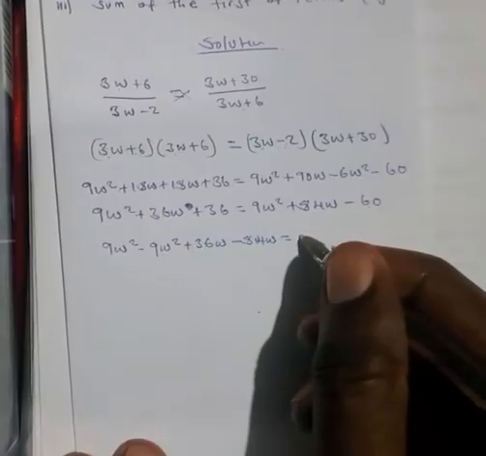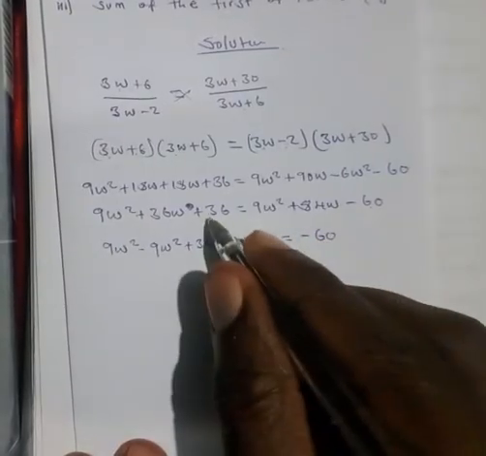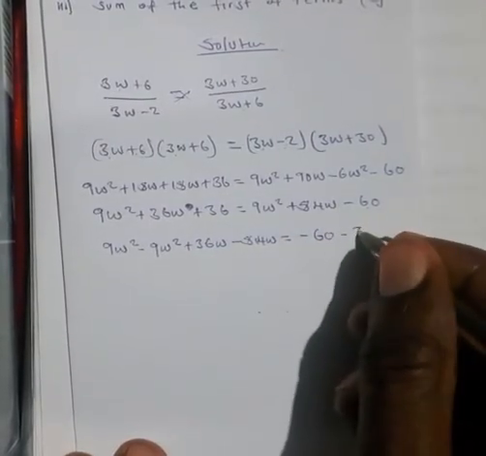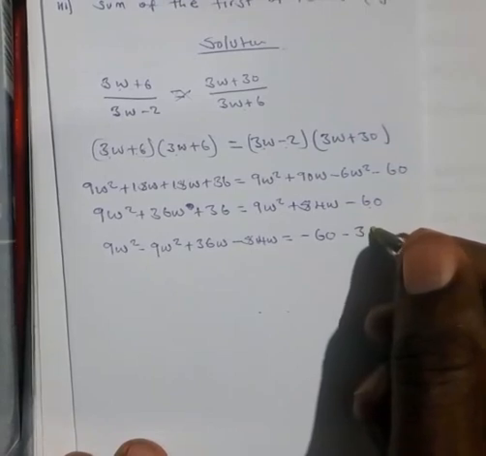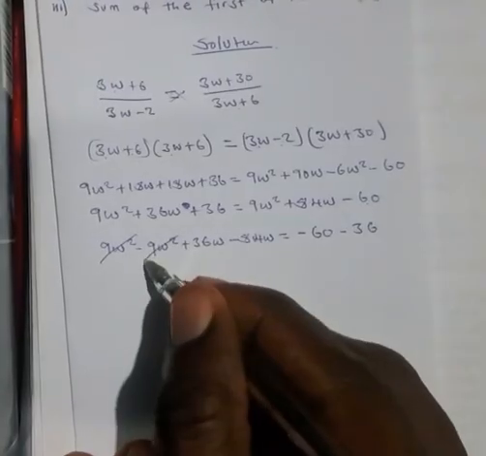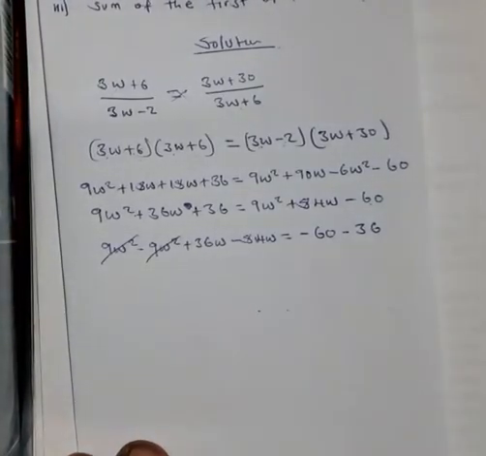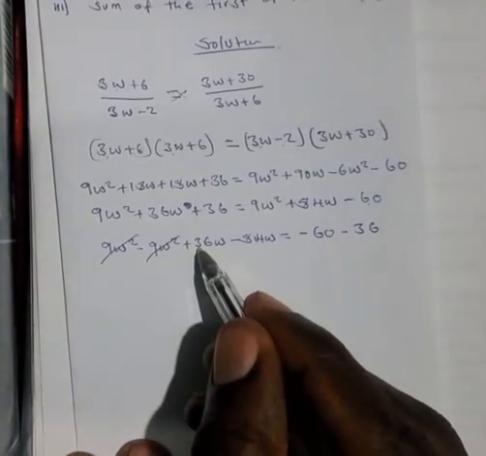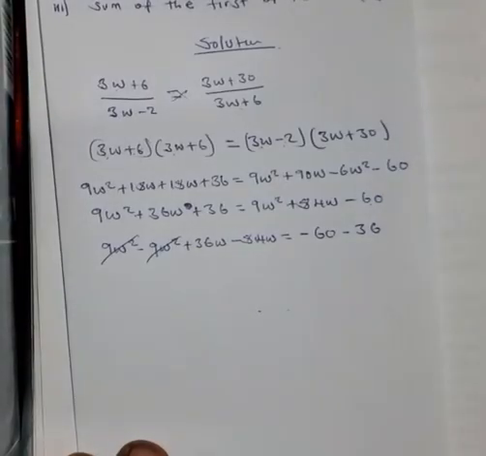So here we have minus 60, then minus 36. So this and this are going to be cancelled. Then here we're going to have 36w minus 84w.